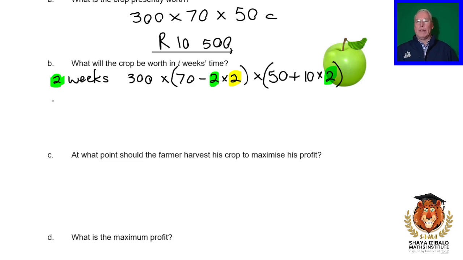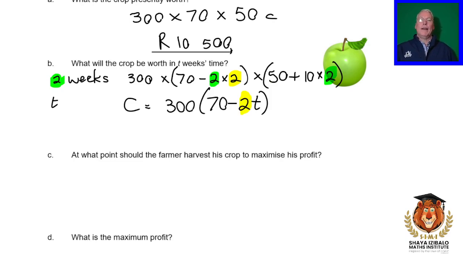Now, once we've dealt with it numerically like that, it's quite easy to see that after T weeks, all these 2's must just be replaced with T. The crop will be worth 300 times 70 minus 2T. That 2 is the 2 apples per week, times 50 plus 10t.